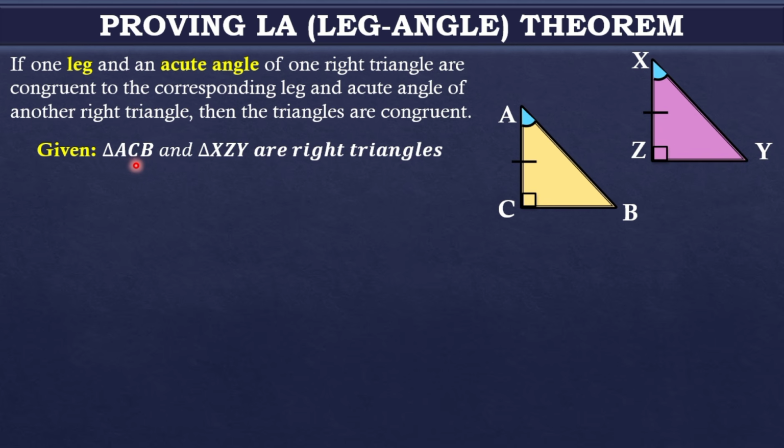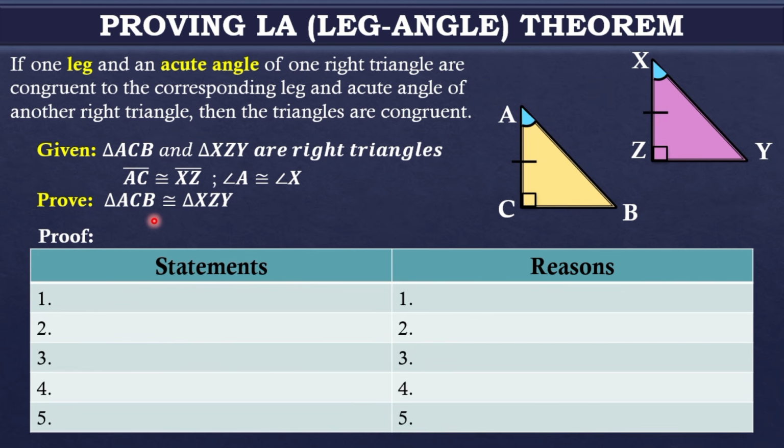Triangle ACB and triangle XZY are right triangles. So, again, we have segment BC is congruent to segment XZ, and angle A is congruent to angle X. We will prove that these two triangles are congruent, the triangle ACB and triangle XZY.